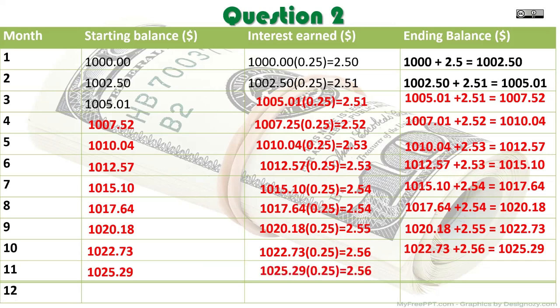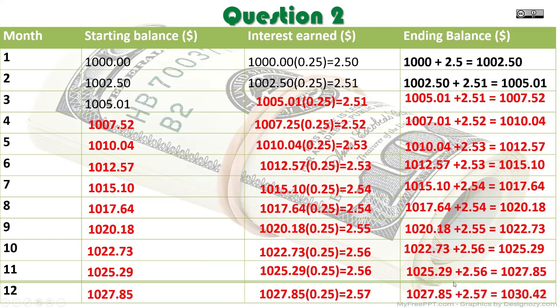So here we take that $1,025.29, do our calculation to find the interest. We add that interest to that to get $1,027.85. So finally, in our last month, we have $1,027.85. We do our interest calculation, $1,027.85 times 0.25, and that's equal to $2.57.